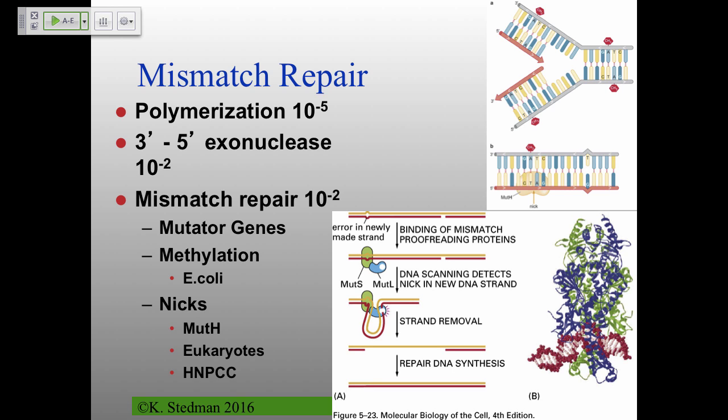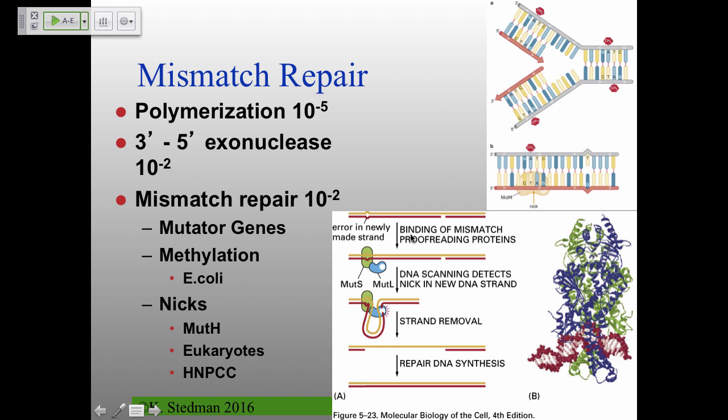We talked about this one really briefly, but I think I did a really bad job because it was right at the end of the lecture and I was probably going far too fast. I mentioned mismatch repair. We already talked about polymerization, exonucleases as well, but the important thing here is really more about how these mismatches are taken care of.